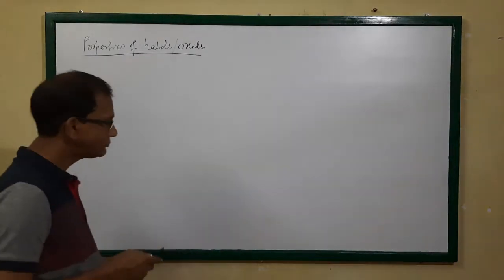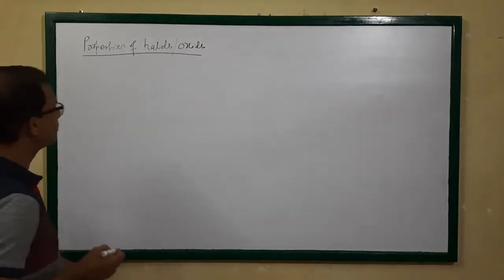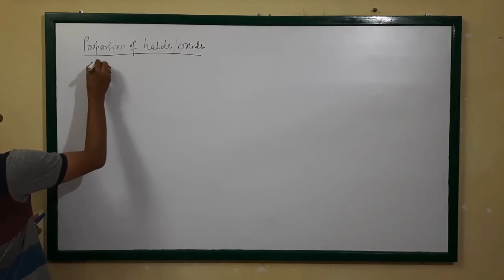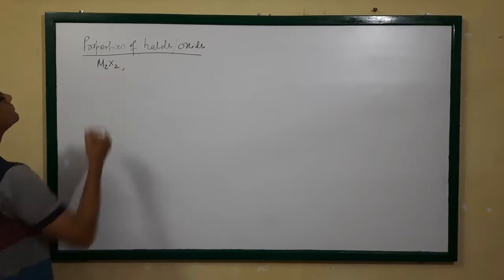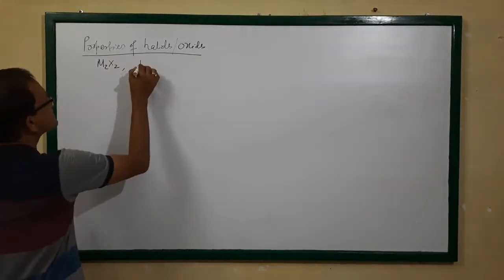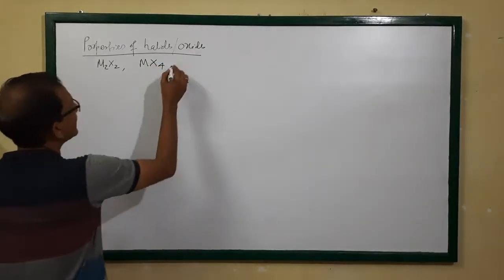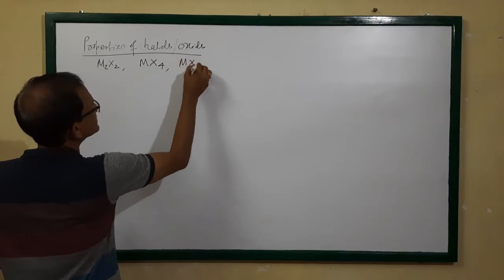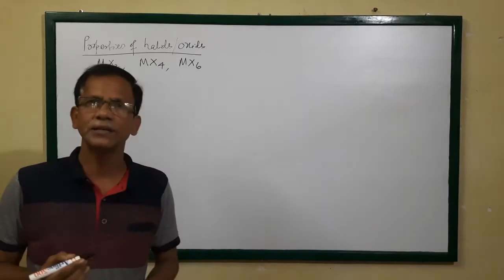We know generally halides produce monohalides like this, M2X2, tetrahalides MX4, hexahalides, that is MX6. Generally these three types of halides are produced.